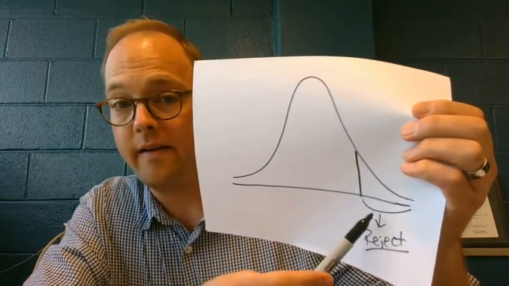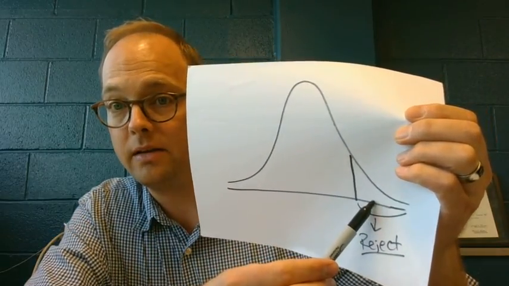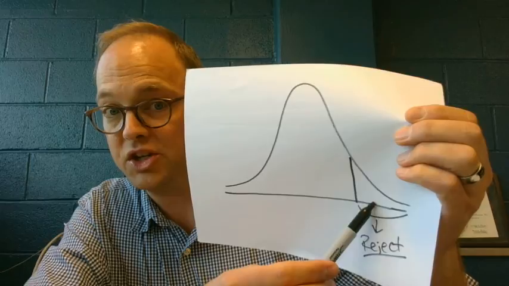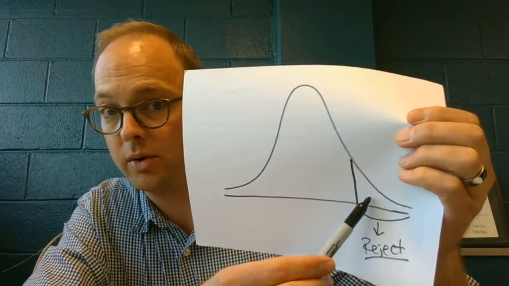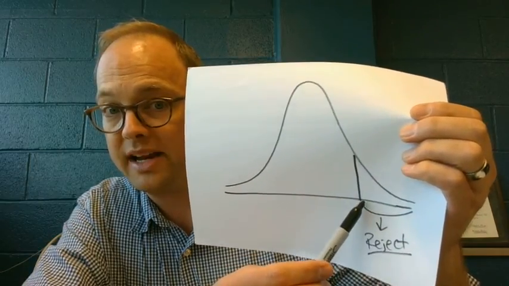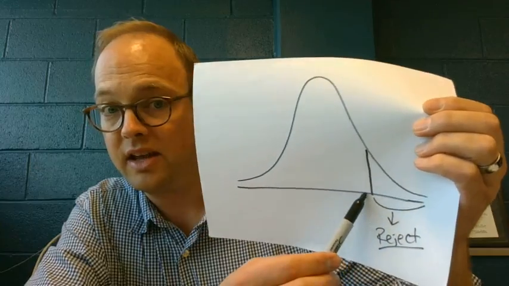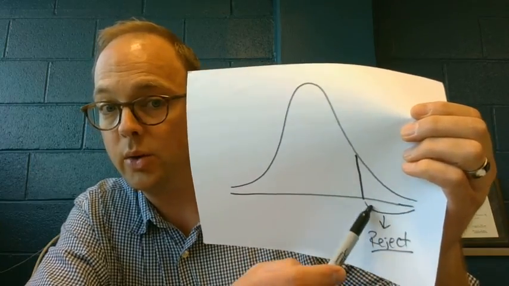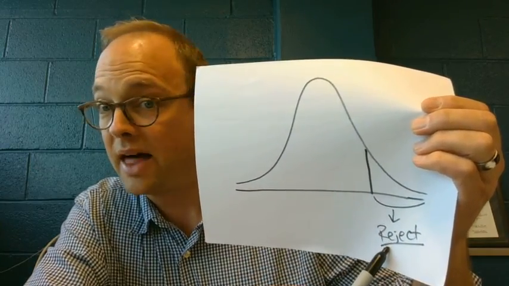In those instances, if your data generated t-value falls in the rejection, critical, alpha region, if your data generated t-value falls in that portion, you would reject the null hypothesis of equality.